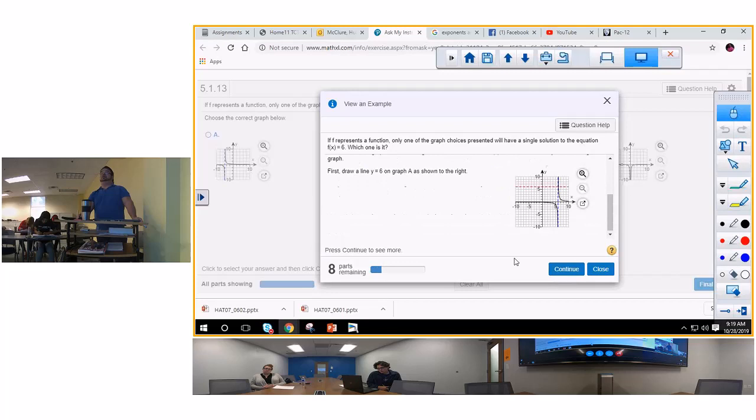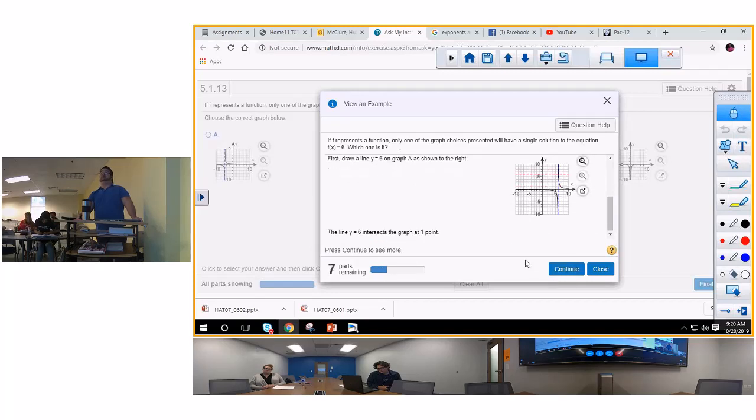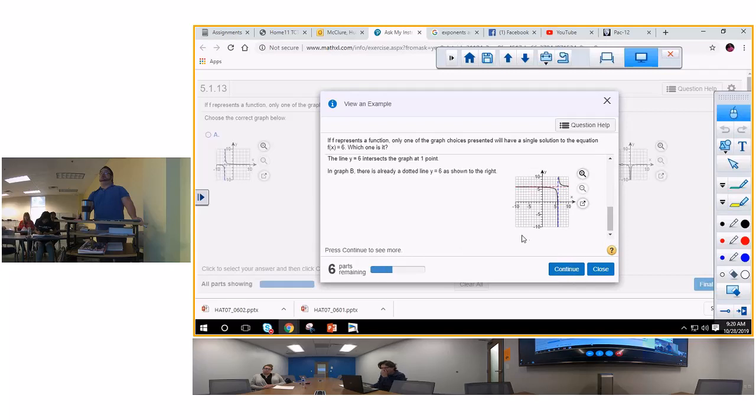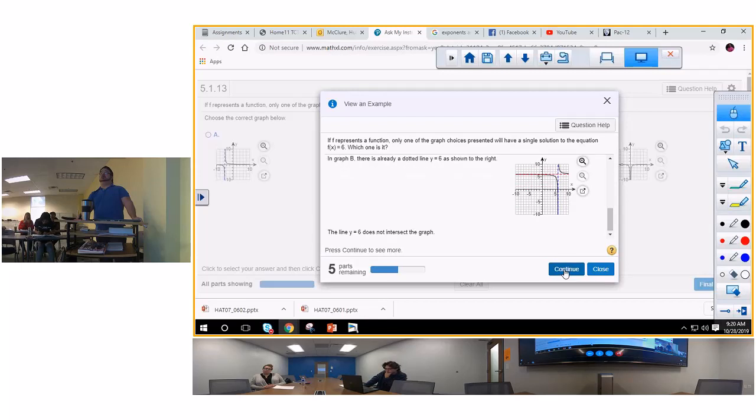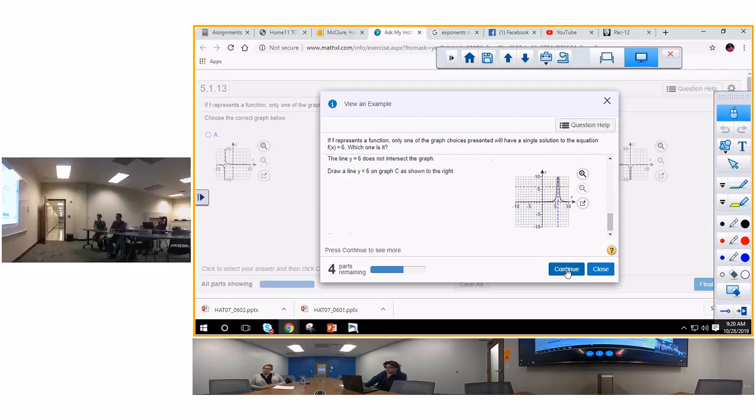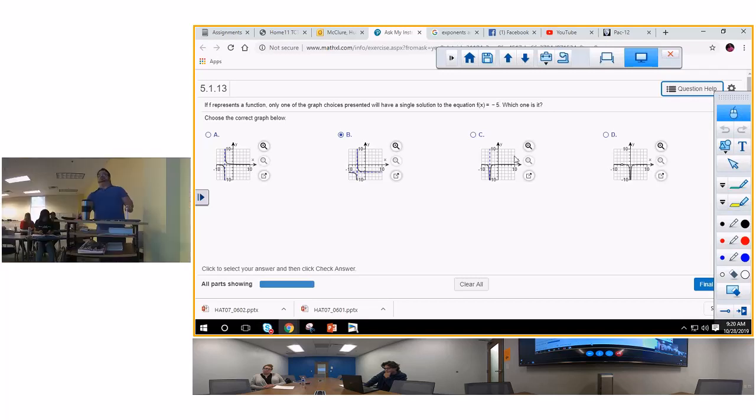But yeah, I think it's asking like what line has a solution, like has an x value for y equals negative 5. I don't know what this question is asking. It is not a test question. I hope it's not. If f represents a function, only one of the graph choices presented will have a single solution.